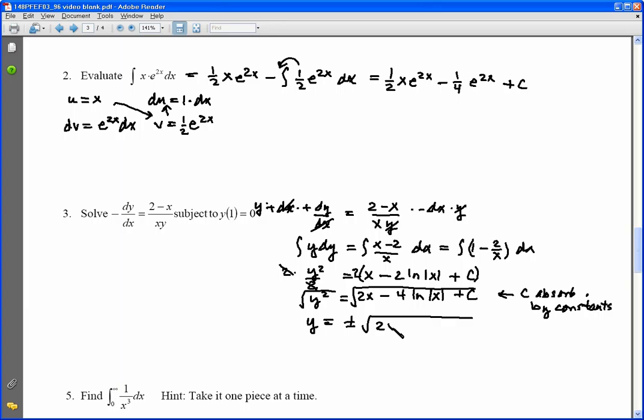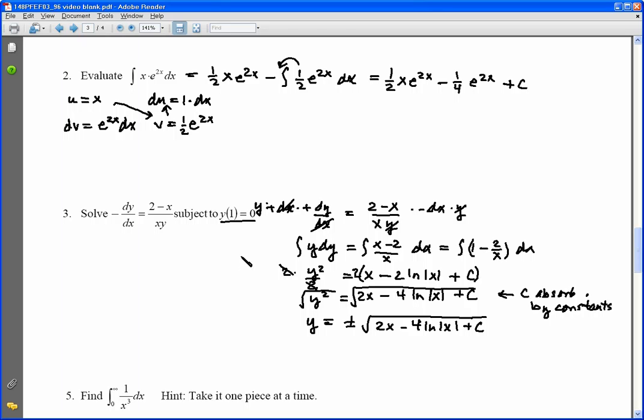And this is going to be 2x minus 4 natural log of x, and then plus c. So that would be an explicit solution, and this actually is not a function because of the plus or minus in there. And then we've got an initial condition.